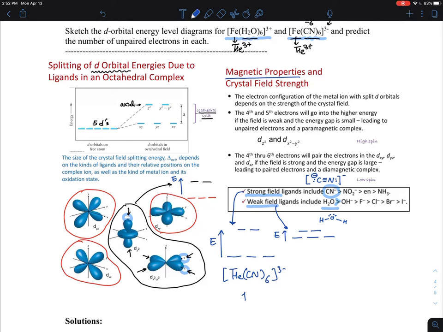You need to place the 3d5 electrons, versus the one on the left.